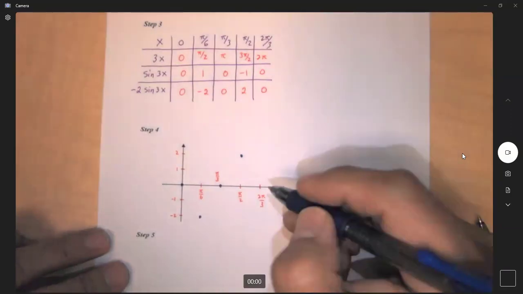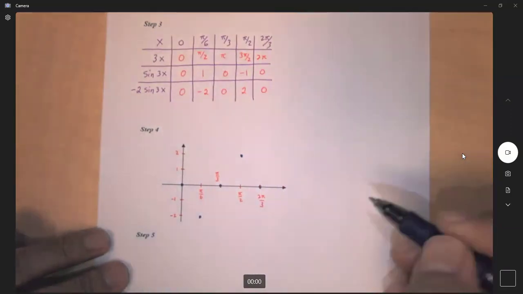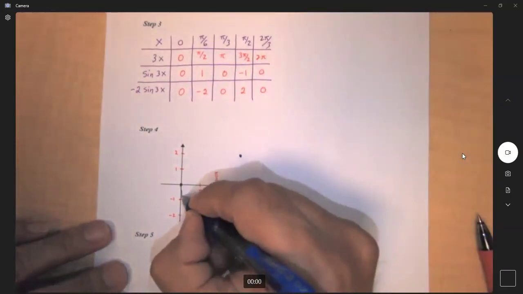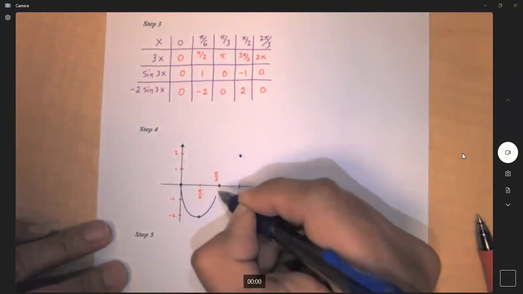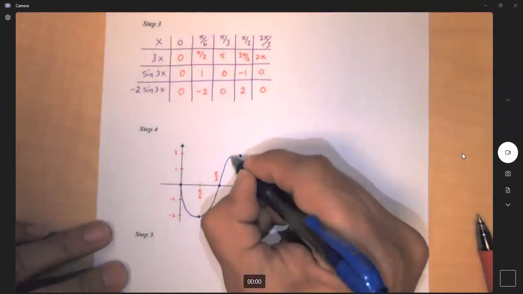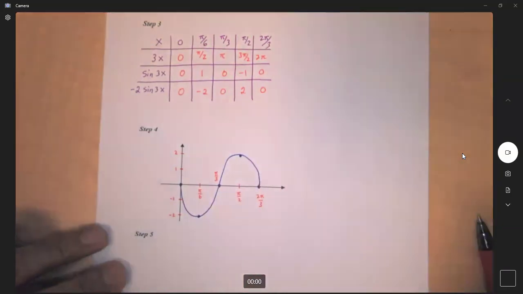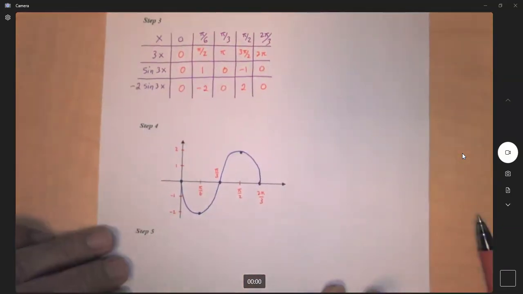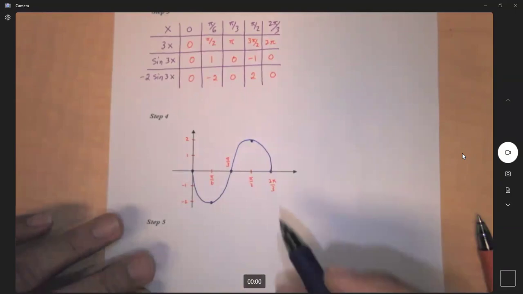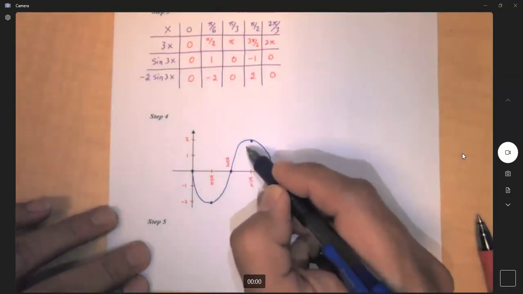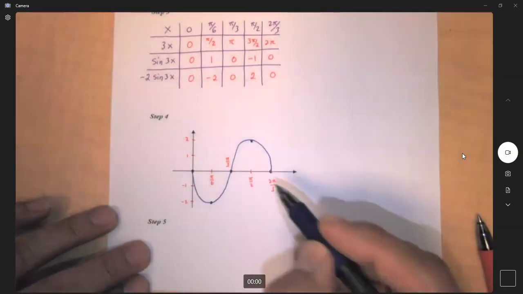And then 2 pi thirds, 0. And then you can see the curve there. I went a little bit off up there on top, and I lost my balance with my hand here. But that's what it looks like.